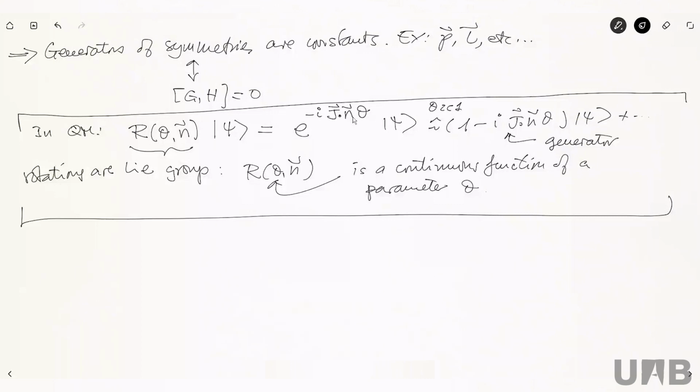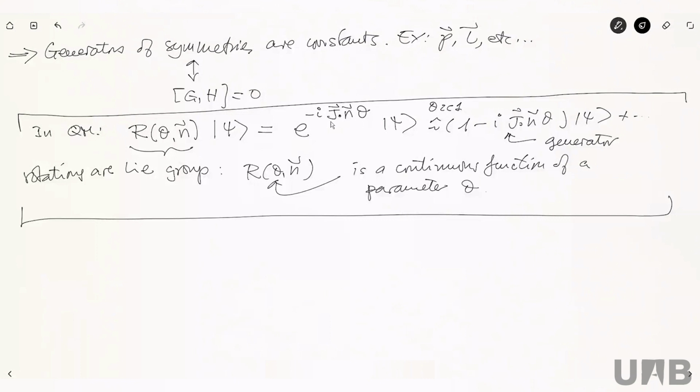Now, rotations. How many parameters do I have to define a rotation in space? Also 3, right? For instance, the 3 Euler angles. Let me make this more specific.